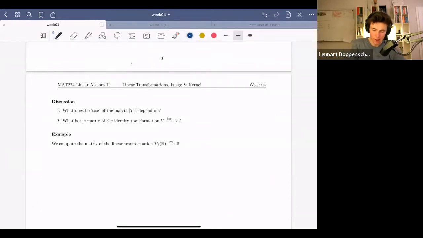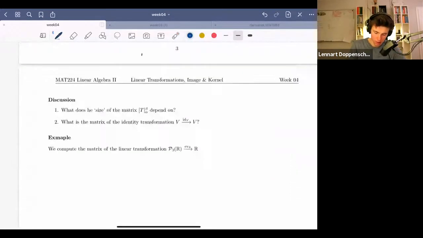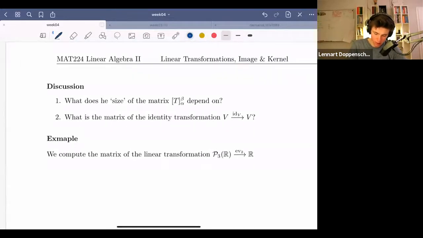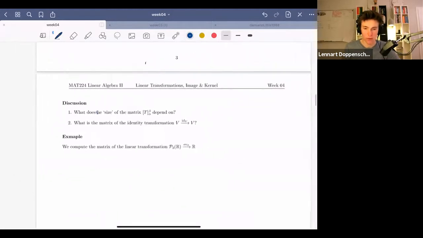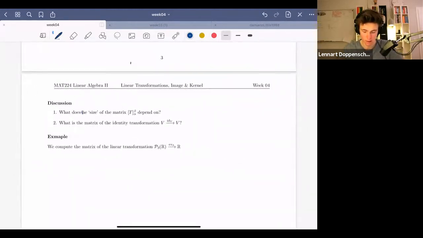What does the size of the matrix associated to a transformation depend on? And what is the matrix of the identity transformation?